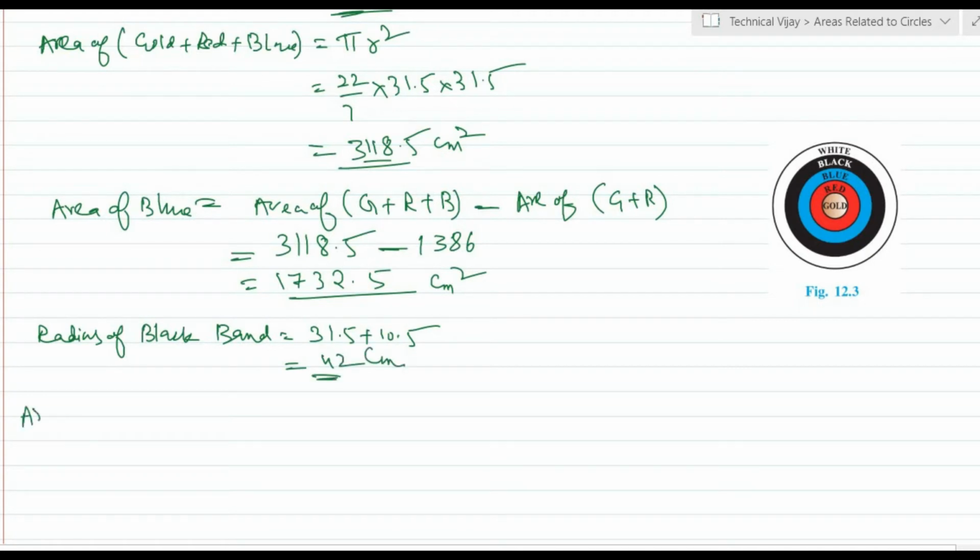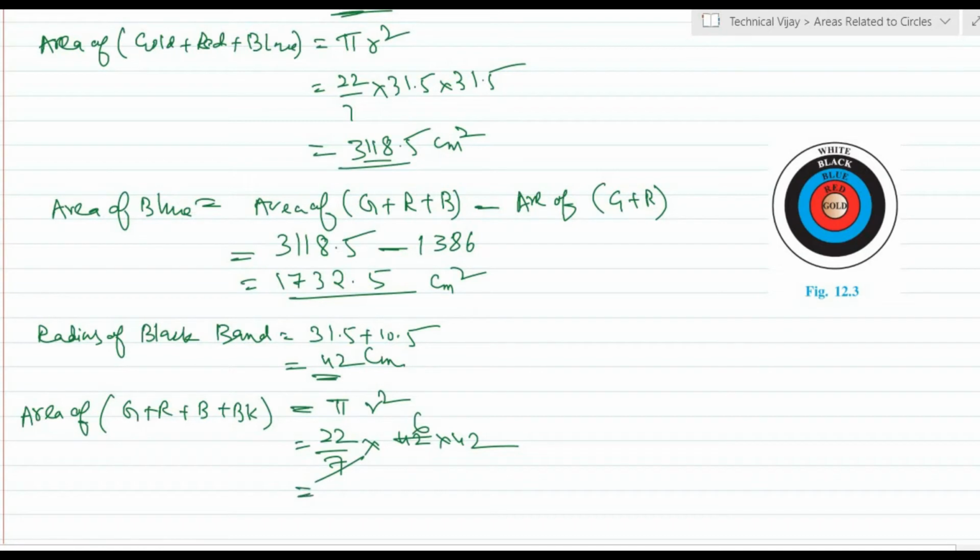So now the area of gold plus red plus blue plus black is pi r square. Here pi means 22/7 into r means 42 into 42. So 7 6s are 42. So this will be equal to 5544 centimeter square.